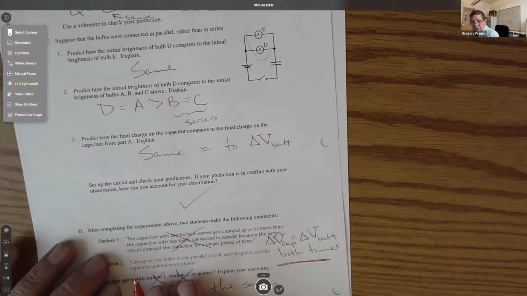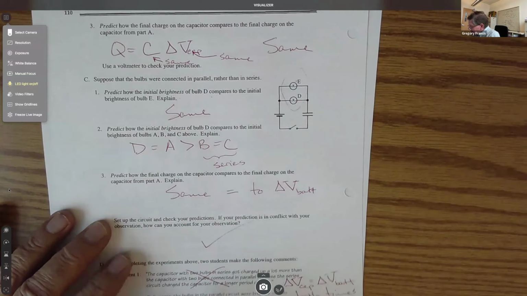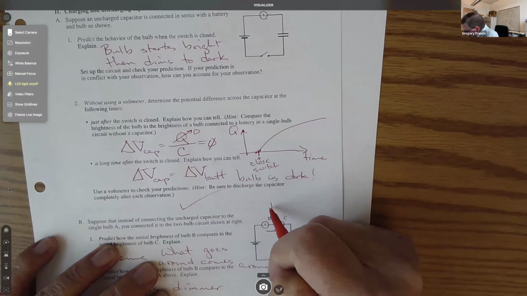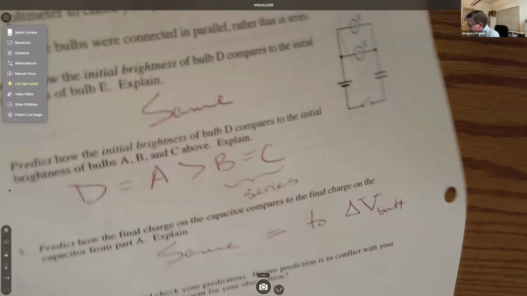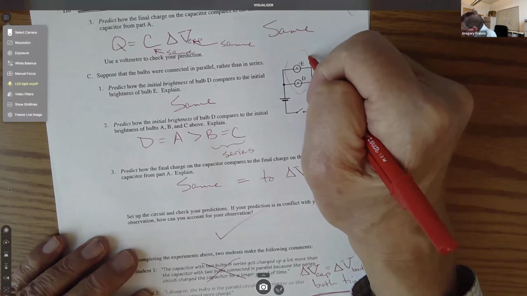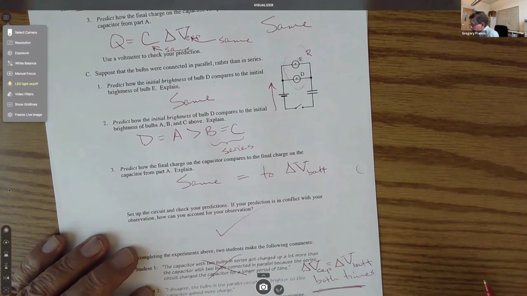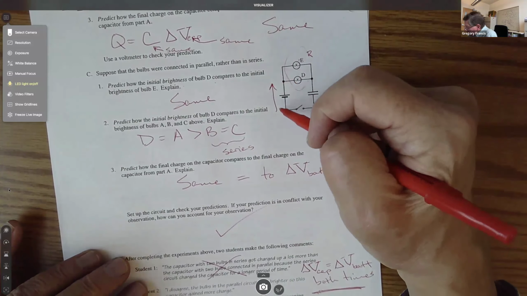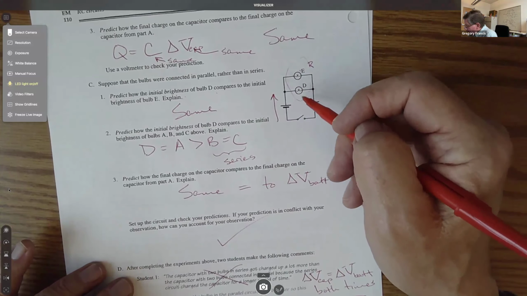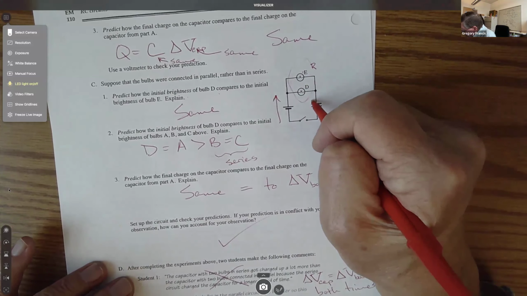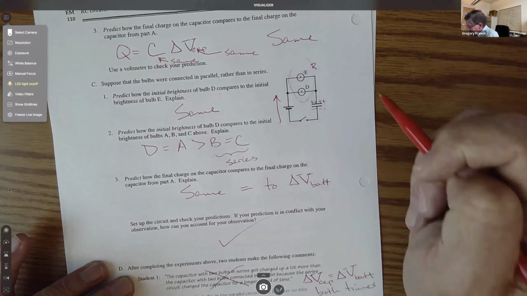On the other hand, when I have two bulbs in parallel, that's a very small resistance. This would be a big resistance and a small current. This would be a little resistance with a big current. And so essentially, we start out with a lot more flow when we have two bulbs in parallel. And that's how I get this capacitor charged up more quickly.